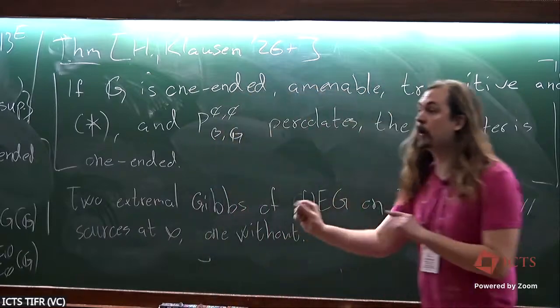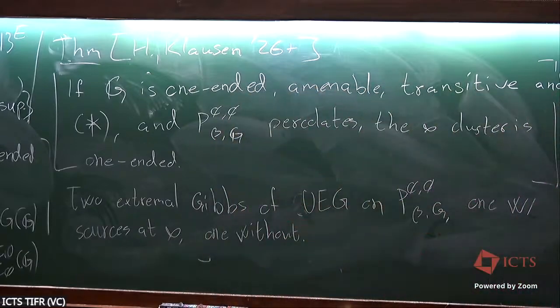Basically, that's always how these different Gibbs measures look. They have some set of sources at infinity. You specify those, you get an extremal one.